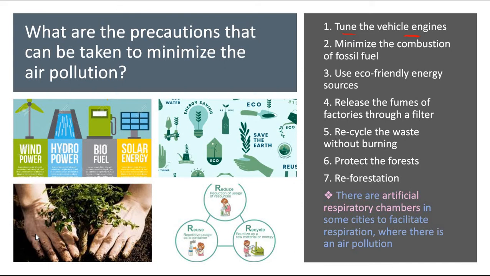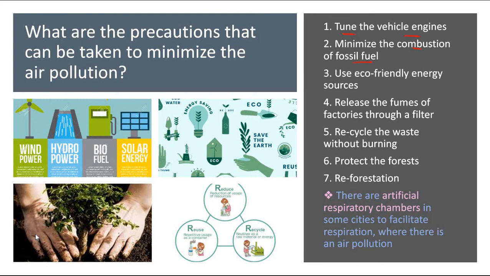Next up, we can minimize the combustion of fossil fuels. So we basically burn lots of fossil fuels like diesel, petrol, and so on for various reasons. But if we can minimize it, we can prevent such harmful disasters and diseases and basically adverse effects.